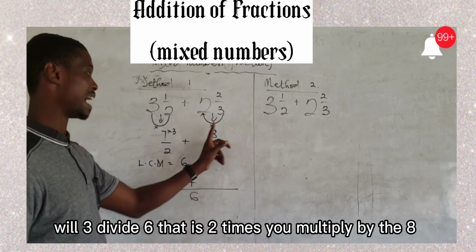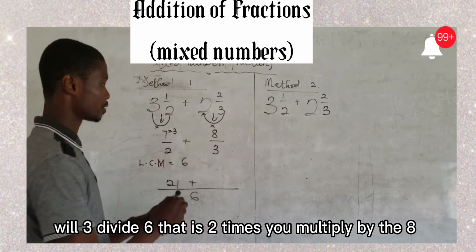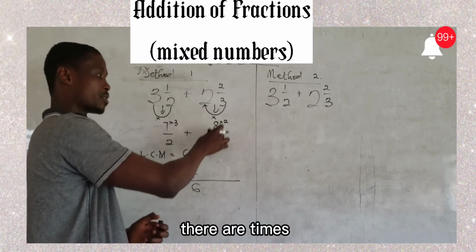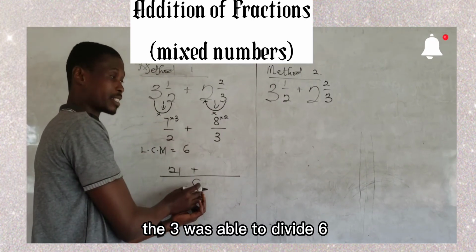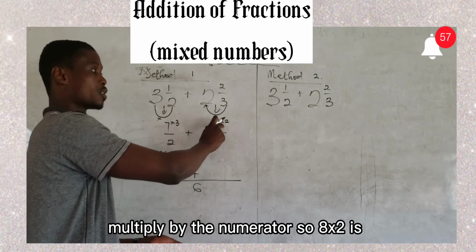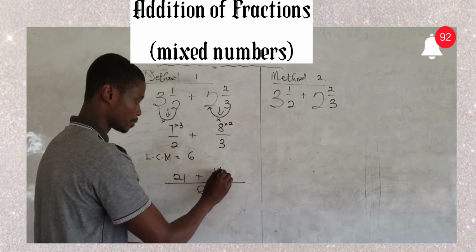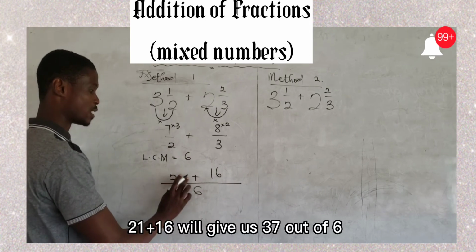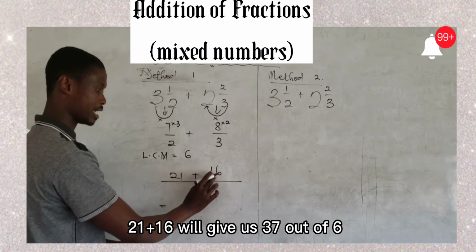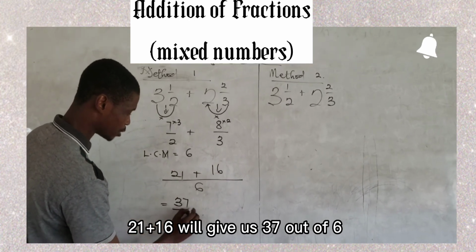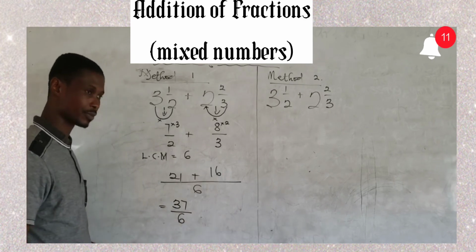You multiply it by the 8, the numerator. So 8 times 2 will give us 16. Very good. Now let's add. 21 plus 16 will give us 37 out of 6.